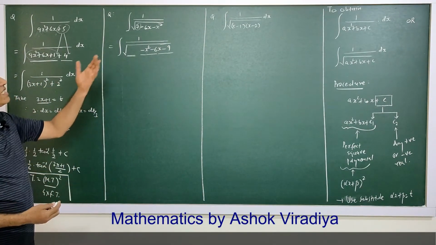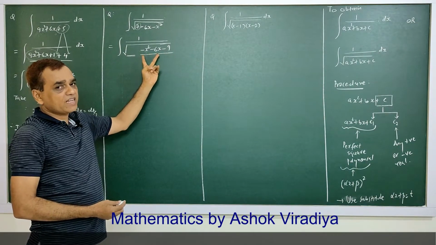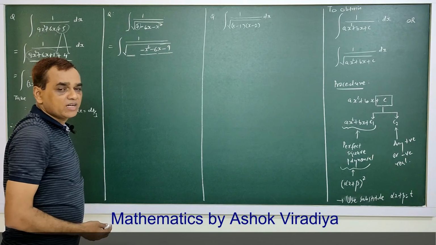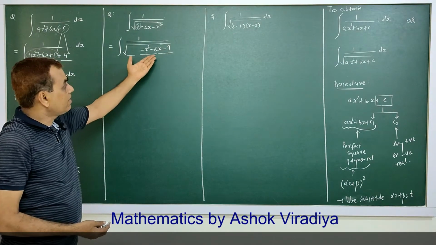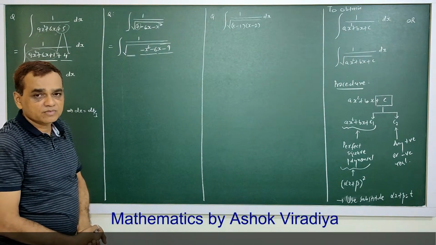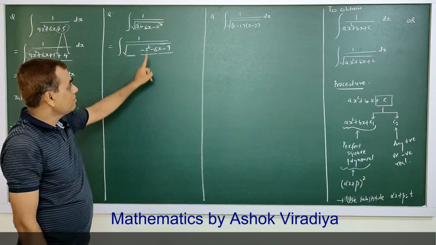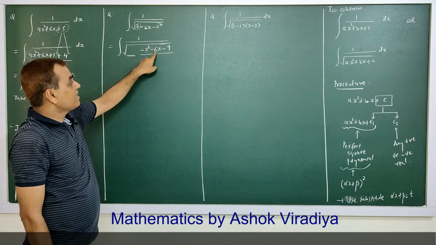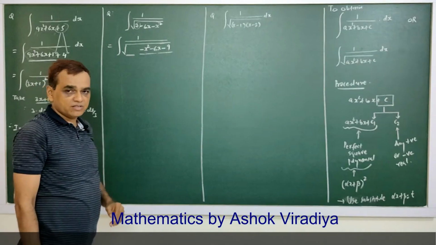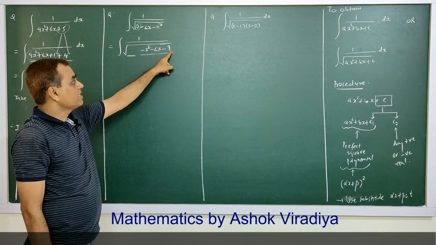Or, because this is a simple quadratic polynomial, to make it a perfect square you can also calculate orally, no need to apply the formula. x square plus 6x, so the last term should be 9. A simple way of calculating the last term is, if you divide this by 2, 3x is left, then 3 square is 9.